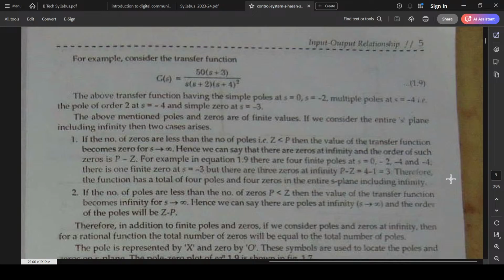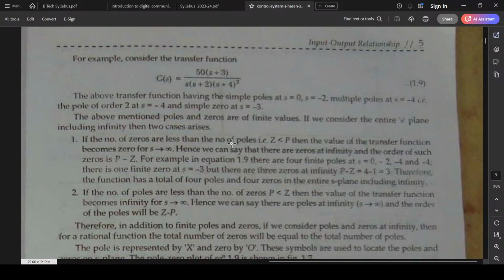If zeros is less than poles, just like in this question, the number of zeros is 1 and the number of poles is 4, then if s is infinity, the transfer function is 0.